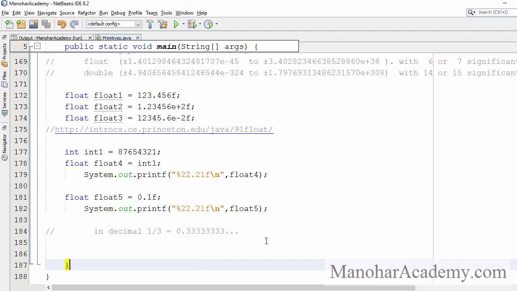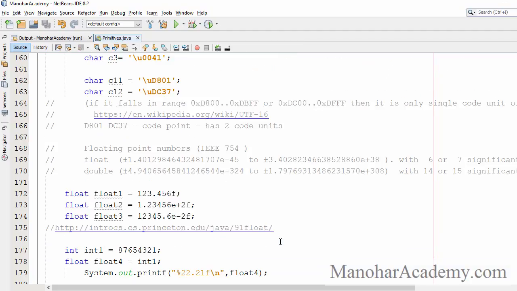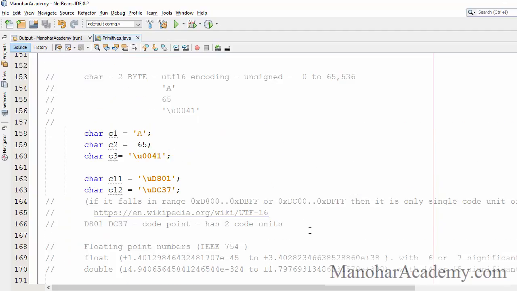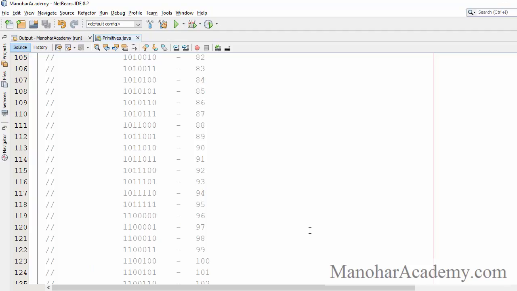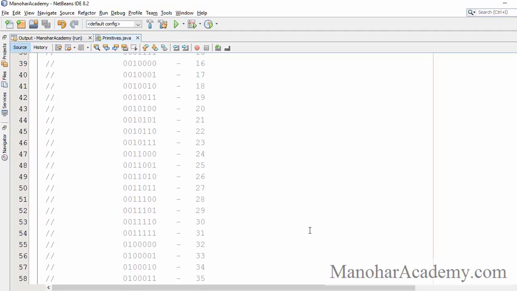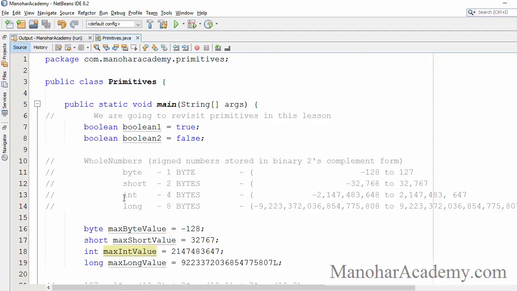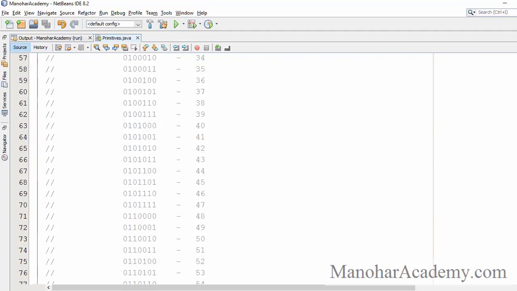Okay, that is all about primitives. Long lesson, so many details, so many confusing details, so much complexity. But in general programming, we always use int whenever an integer is required. We generally go for long only when such huge numbers, after 2 billion, are required.